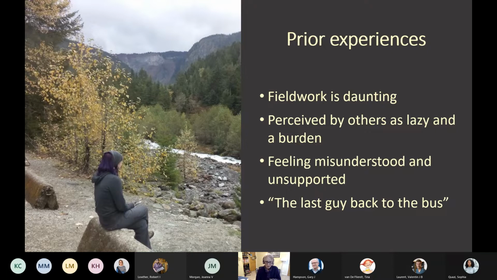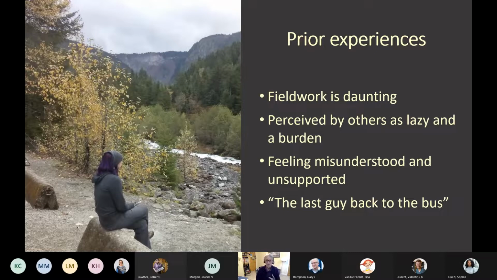So with my remit of researching the student experiences, one thing that I was really interested to get a handle on was their prior experiences of doing fieldwork. And this is really important because your prior experiences of something will influence your attitudes and your expectations if you go on to repeat that particular experience. And if you think about it, it kind of makes sense.